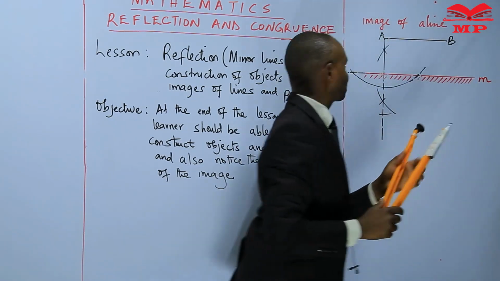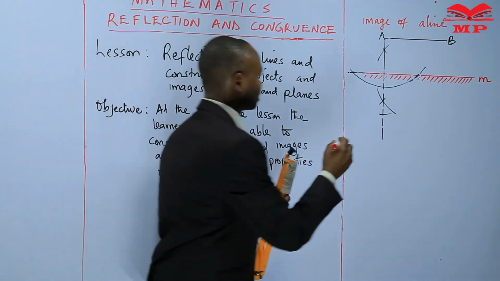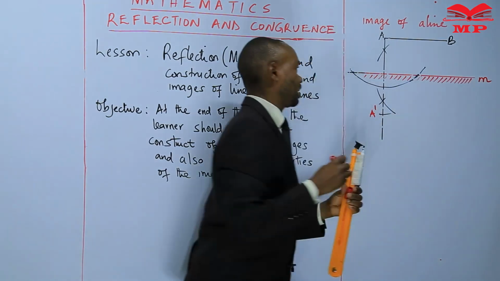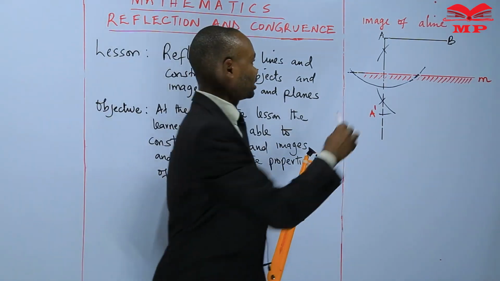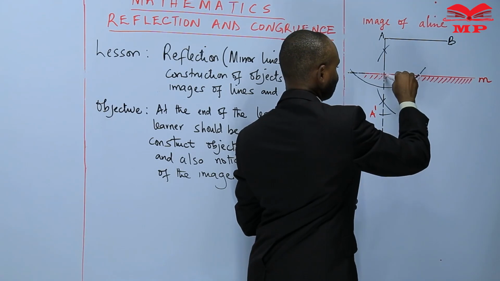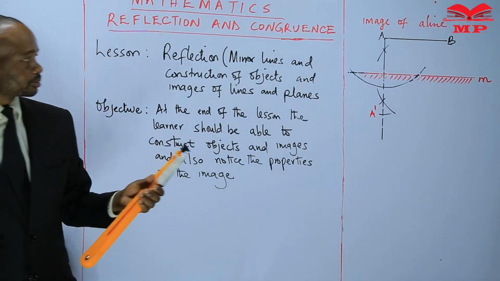This image, I'll call it A prime. I've got the image of A. What do I notice? The distance from the mirror to the object and the distance from the mirror to the image is the same. So I'll come to B.